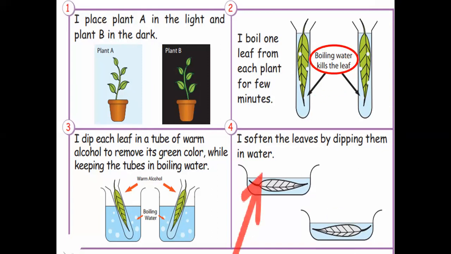Then we dip each leaf in a tube of warm alcohol to remove its green color while keeping the tubes in boiling water. Then we soften the leaves by dipping them in water. So boiling water kills the leaf, and warm alcohol removes the green color of the leaves.